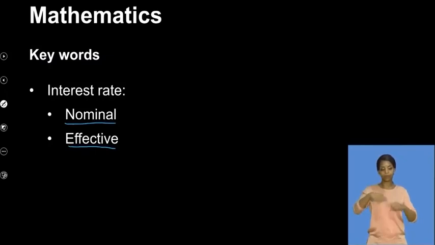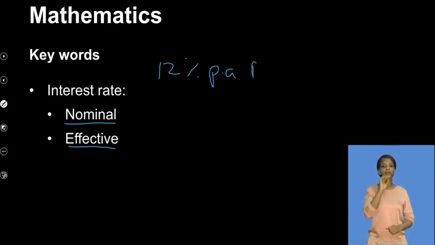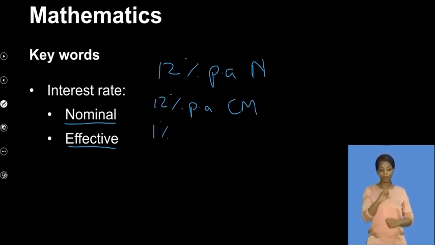So for example, if we're talking about that 12% per annum that I was just using, this means that this would be my nominal interest rate. But now, if I use 12% per annum compounded monthly, it means I'm going to get 1% each and every month.